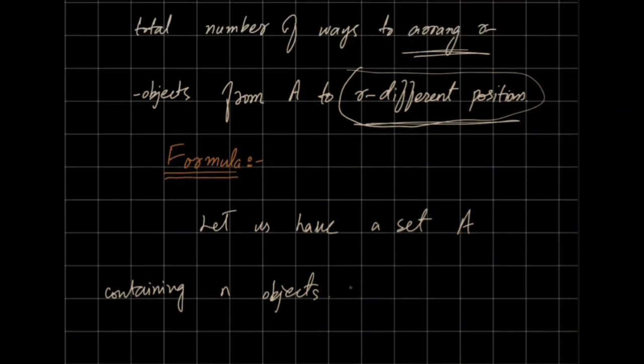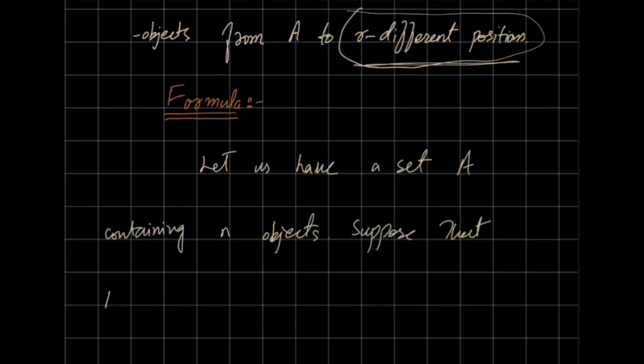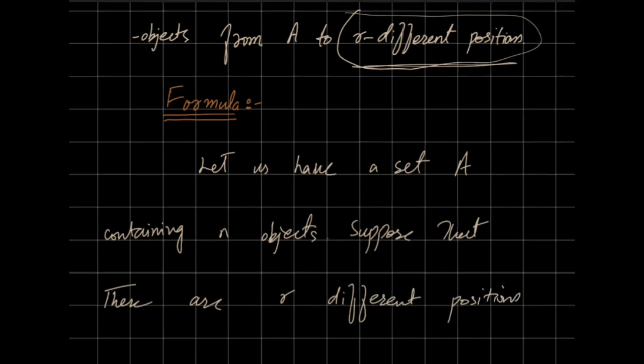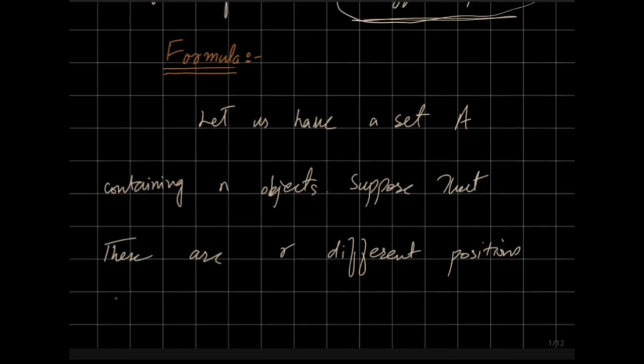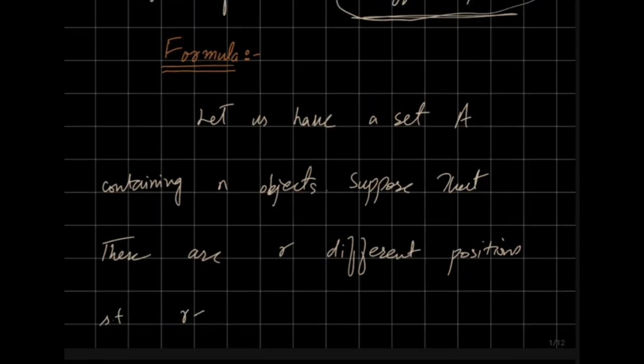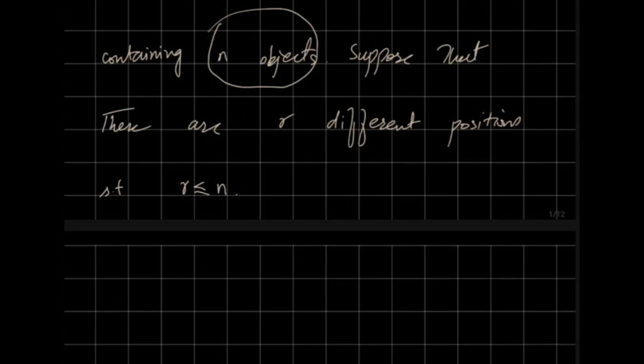Suppose that there are r different positions, where r is less than or equal to n. Okay, we have r different positions and we want to arrange r elements out of n total objects, right?